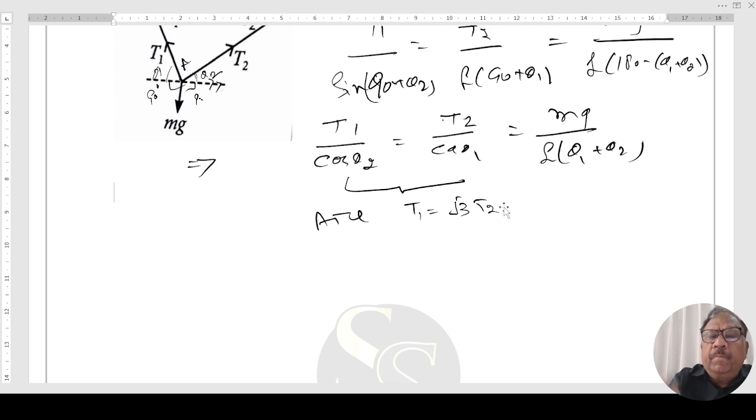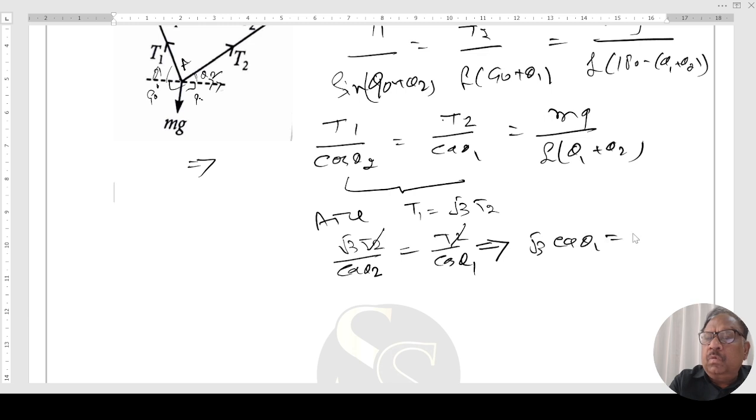So substituting here, root 3 T2 upon cos theta 2 equal to T2 upon cos theta 1. Simplify this: T2 cancels, so root 3 cos theta 1 equal to cos theta 2, that is root 3 cos theta 1 minus cos theta 2 equal to 0, right?